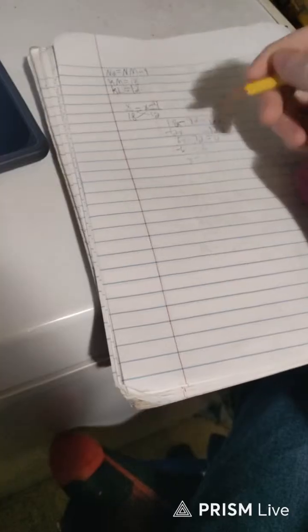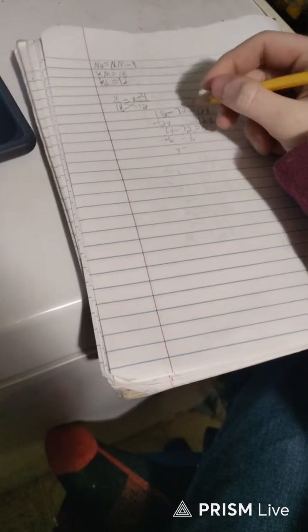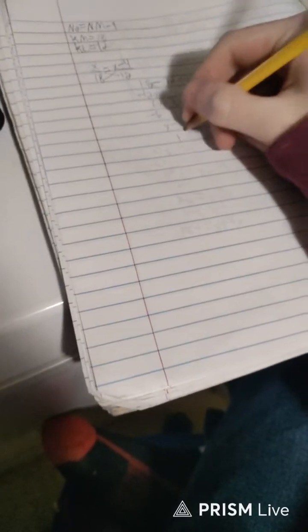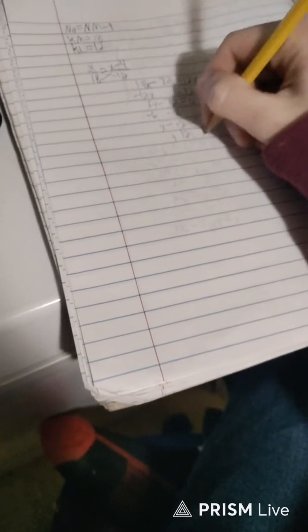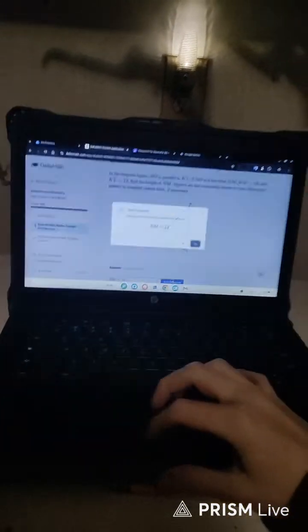We get x minus 12, and we add 12 here, we add 12 here, and we get x equals 12. So that means NM has to equal 12. Oh, that was easy.